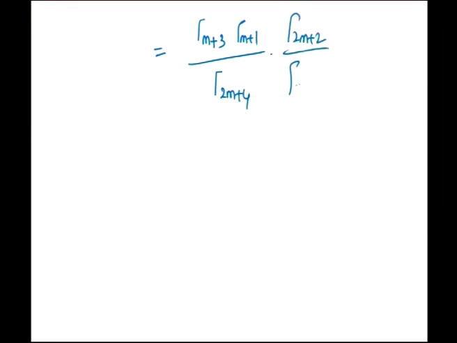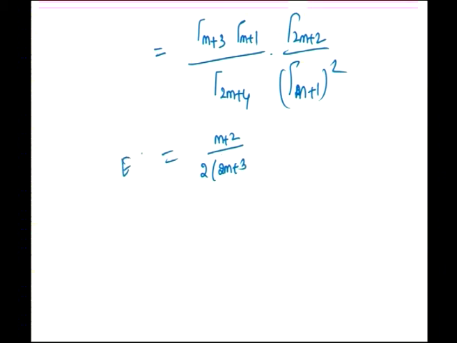Now, beta of m plus 3 comma m plus 1 is written in the format of gamma m plus 3 into gamma m plus 1 by gamma 2m plus 4, into gamma 2m plus 2 by gamma m plus 1 whole square. Now, after simplification, this ends up with m plus 2 by 2 into 2m plus 3, that is E of X square of m plus 1.